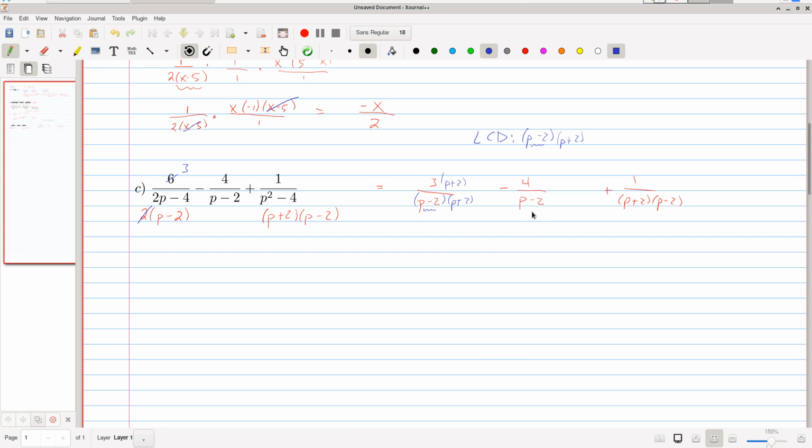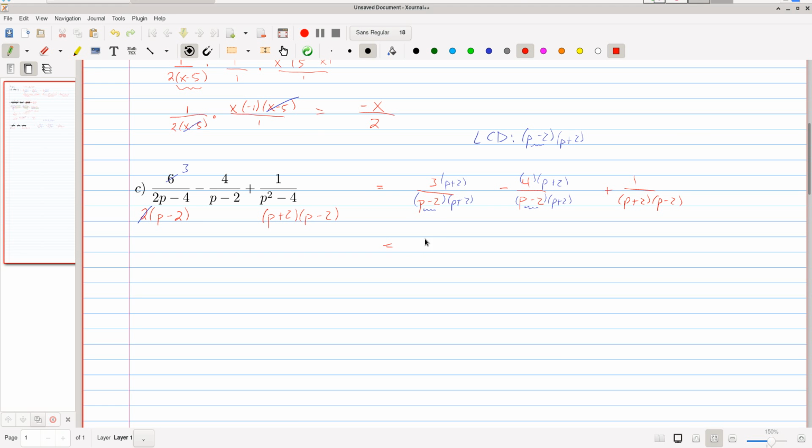Next fraction, the same thing happens. I see that we've got the p minus 2, but we're missing p plus 2. So we're going to multiply numerator and denominator both by p plus 2. The third fraction actually has both pieces that we need, so we don't need to multiply this by anything. Now let's rewrite what we have.